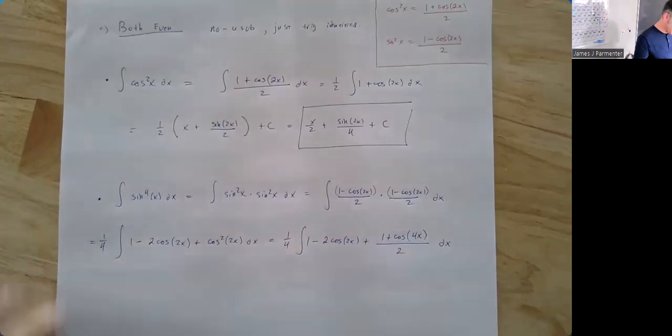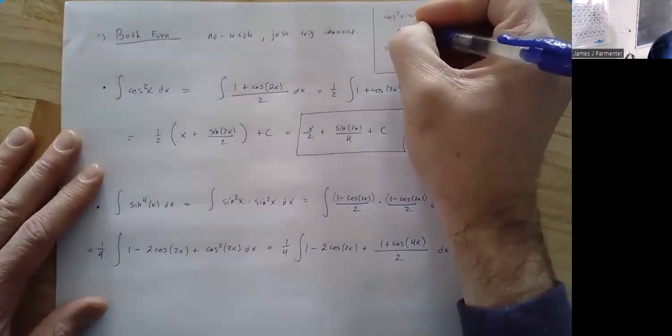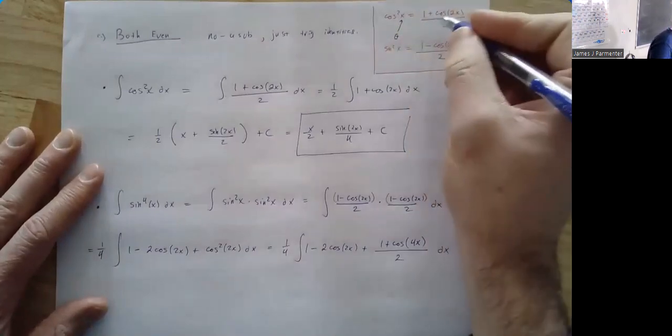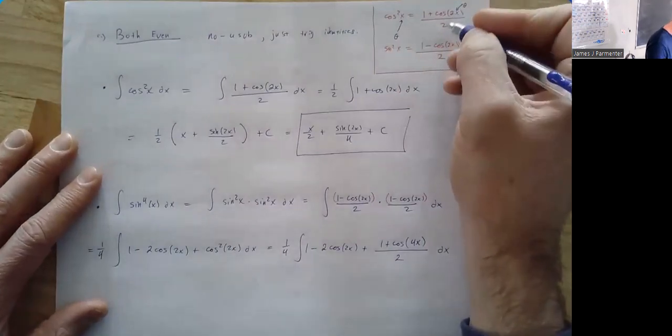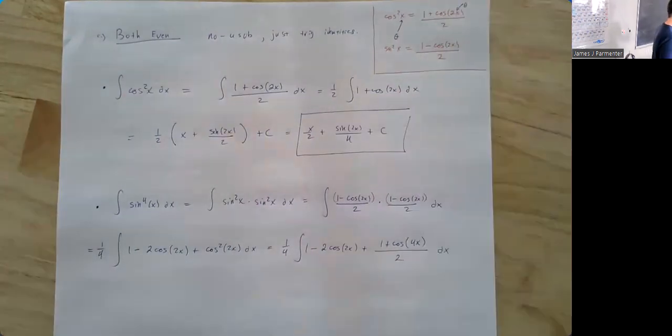So the identity is cosine squared of any angle is 1 plus cosine of 2 times that angle, still over 2. These 2's are not the same. I mean, I know they're the same, but like one of them's inside a function, one of them's the denominator. The denominator is always 2. No, it's not, it's a trig identity. It's not really what you said. We're going to end up dividing by something different when we integrate.